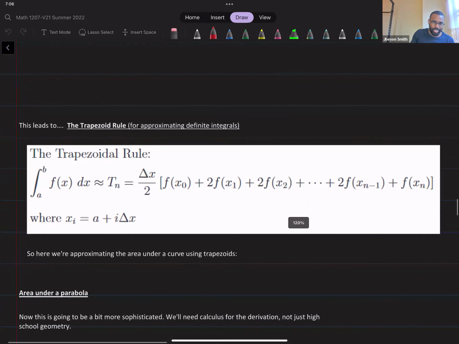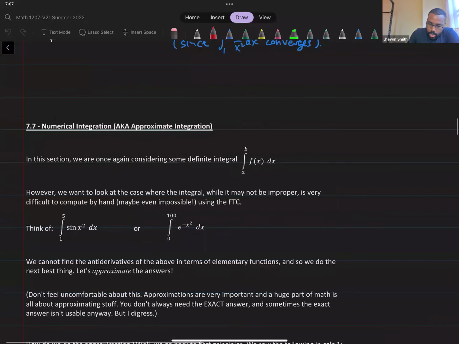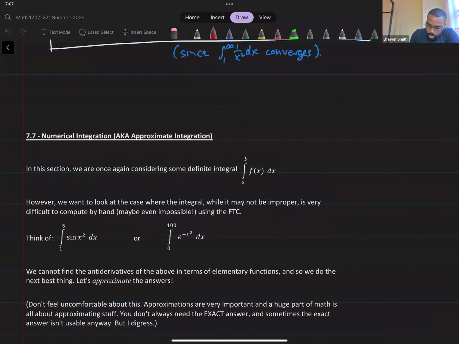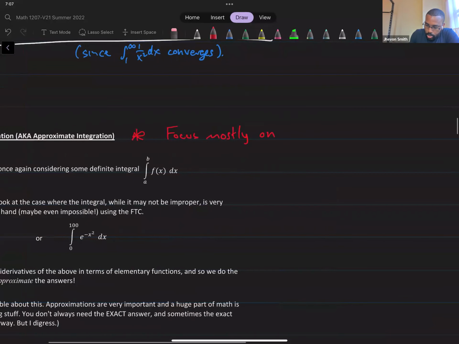So I'll focus mostly on two new rules, the so-called Trapezoid Rule and another rule called Simpson's Rule.